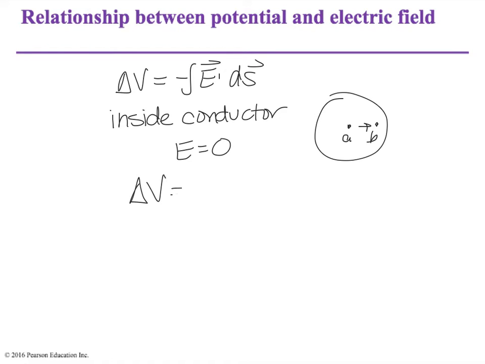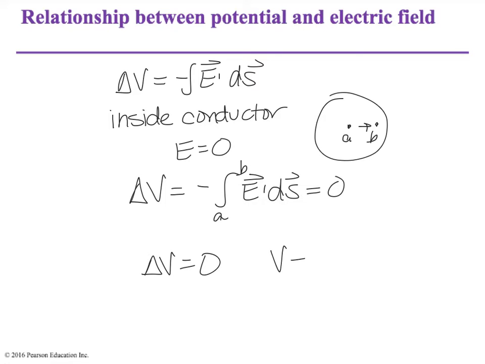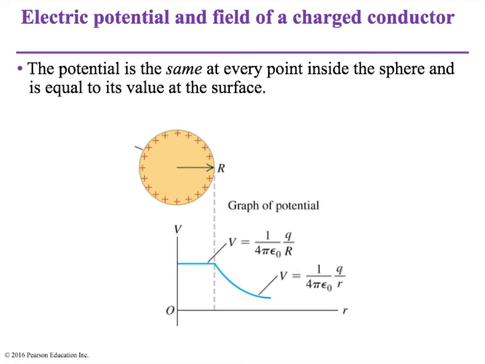So the change in potential as I go between those 2 points from A to B is going to have to be zero. If the change in potential is zero, that means the potential has to be constant. So basically, because of the nature of the electric field inside the conductor, the potential just has to be some constant value.